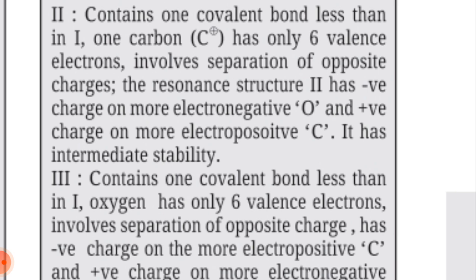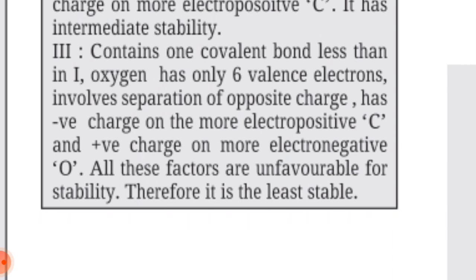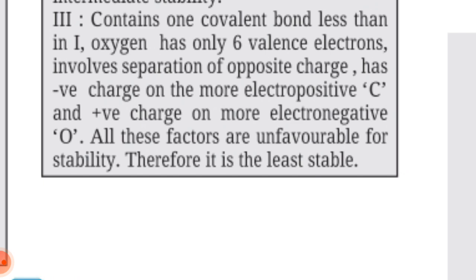The resonance structure 2 has negative charge on more electronegative O and positive charge on more electropositive carbon. It has intermediate stability. Structure 3 contains one covalent bond less than 1. Oxygen has only 6 valence electrons. It involves separation of opposite charge. It has negative charge on the more electropositive carbon and positive charge on the more electronegative oxygen. All these factors are unfavorable for stability, therefore it is least stable.